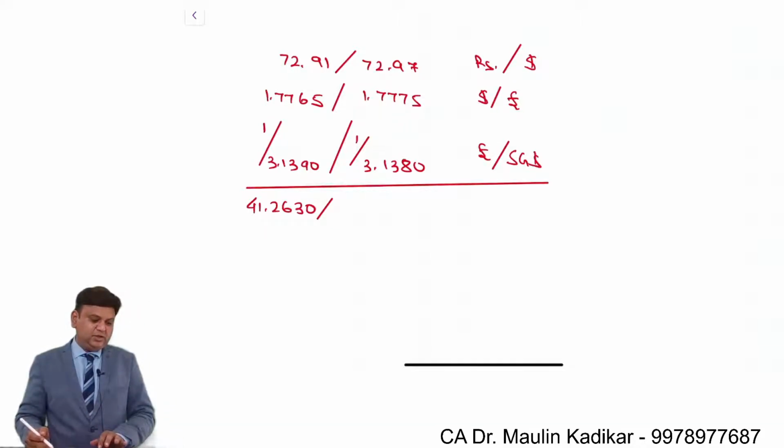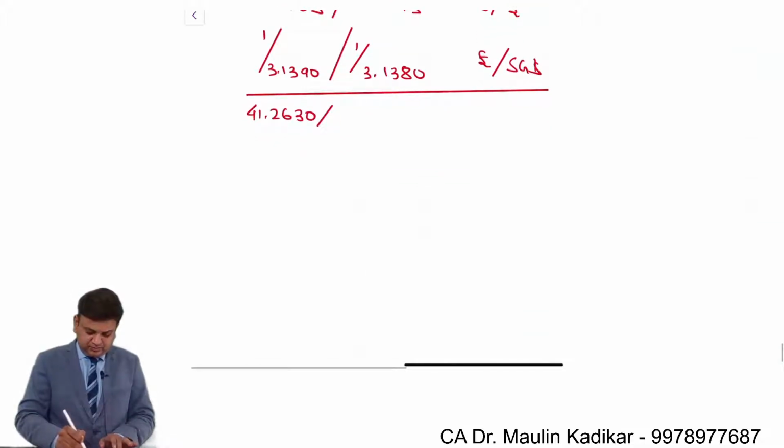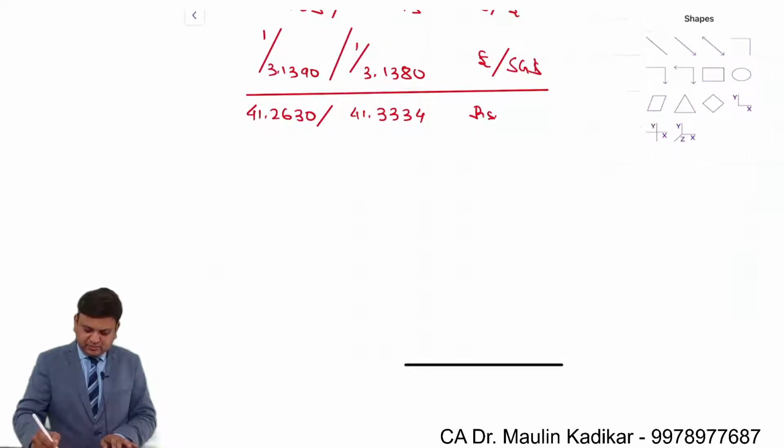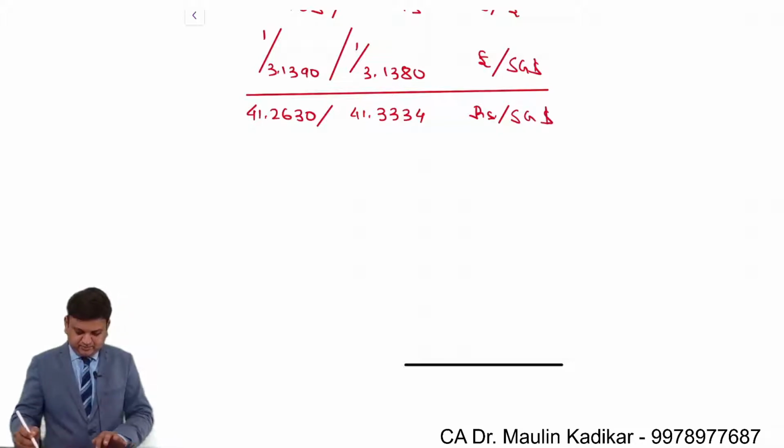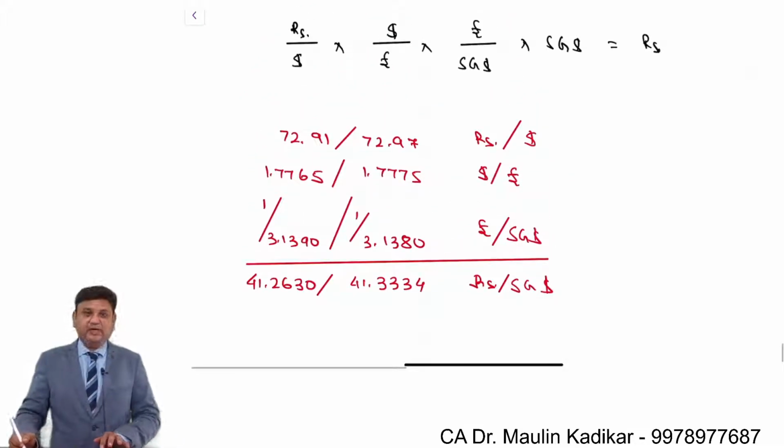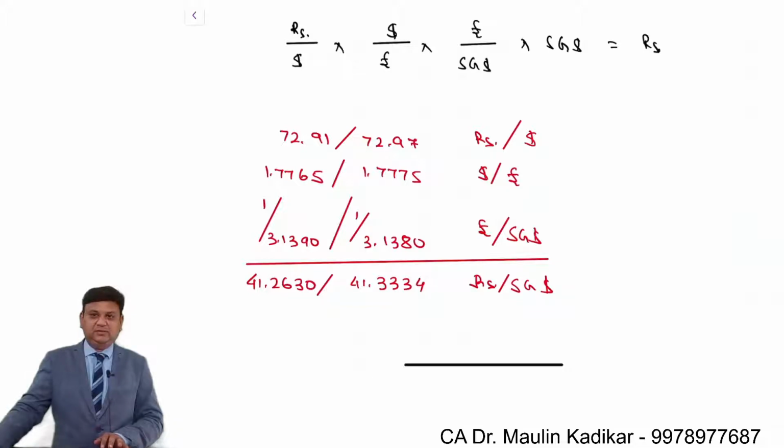So 41.334 rupees per Singapore dollar. That is the way we are required to write the two exchange rates.